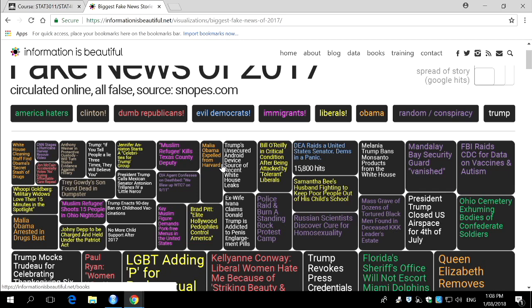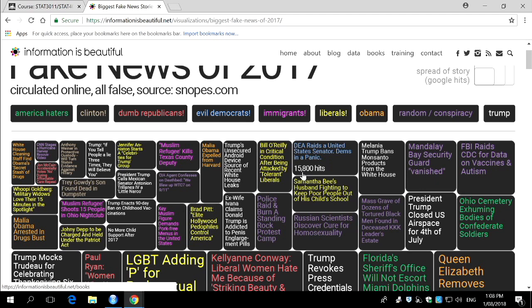What I don't know, and what isn't really evident from the graphic, is what the size of the box means. What we're probably trying to do here is compare the sizes of each of these rectangles. There's a hint as to what might be being measured: "The DEA raids United States Senator, Dems in a panic", whatever, 15,800 hits.